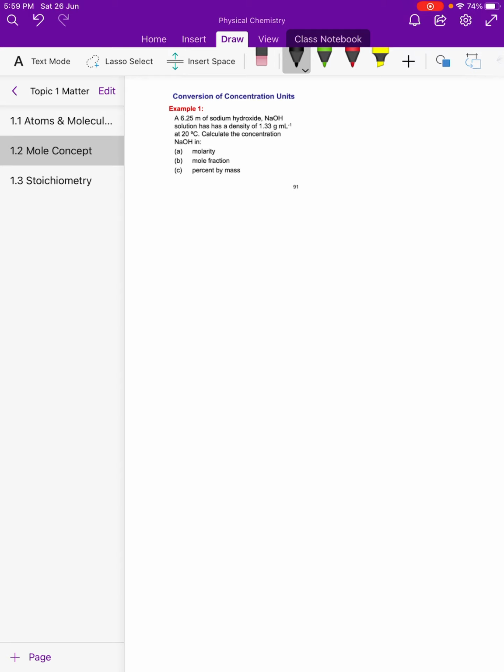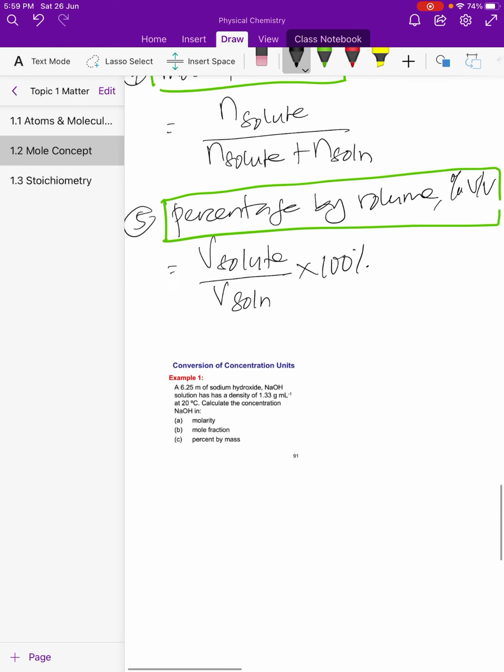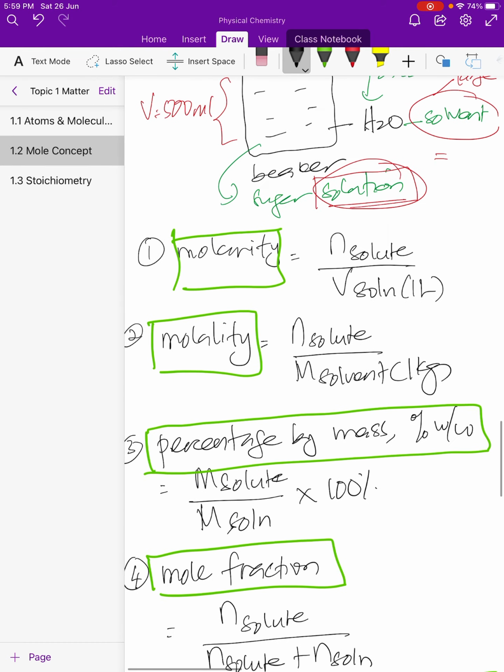Okay, so before I proceed, I would like to remind you about the units involving all the parameters. For molarity, the unit is mole per liter, or we can say mole per dm cube.